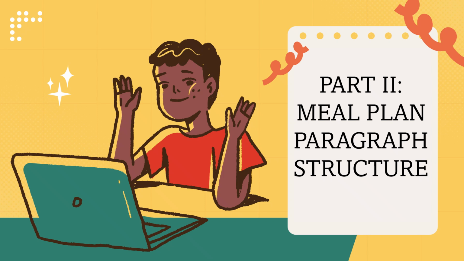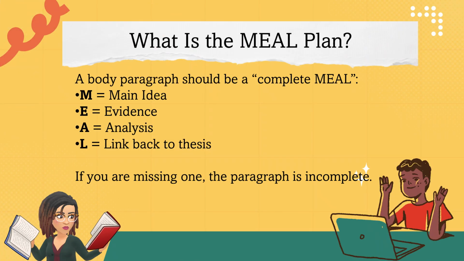Now that we've reviewed the writing process and looked at the big picture, let's zoom in a little closer to specific paragraph structure. We use what's called the meal plan. A strong body paragraph is a complete meal.